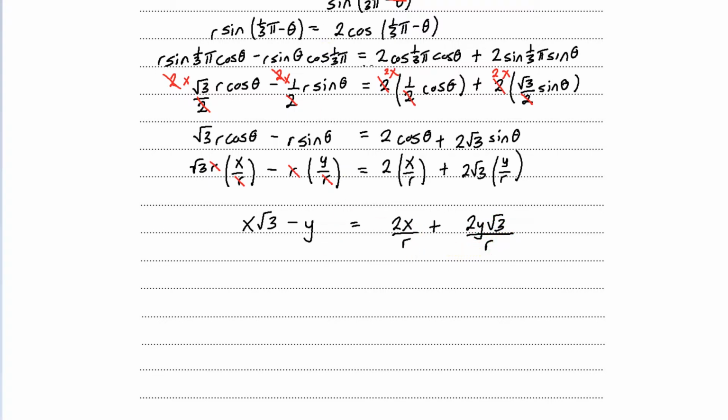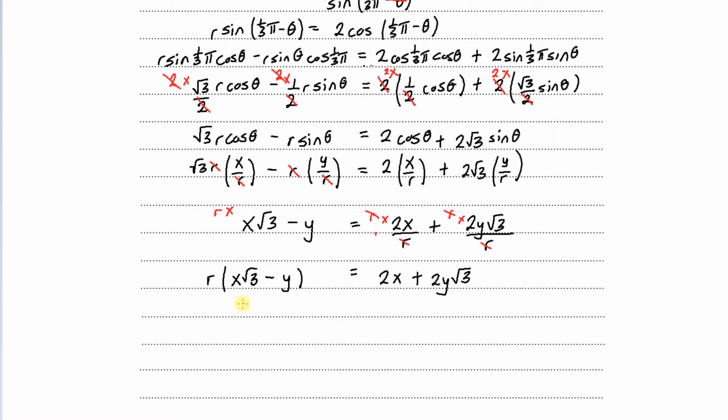So we can multiply both sides by r. So by r and this side by r. So the r's on the left side will cancel out, and we will have the left side as r of x root 3 minus y, and on the right side we'll be having 2x plus 2y root 3.